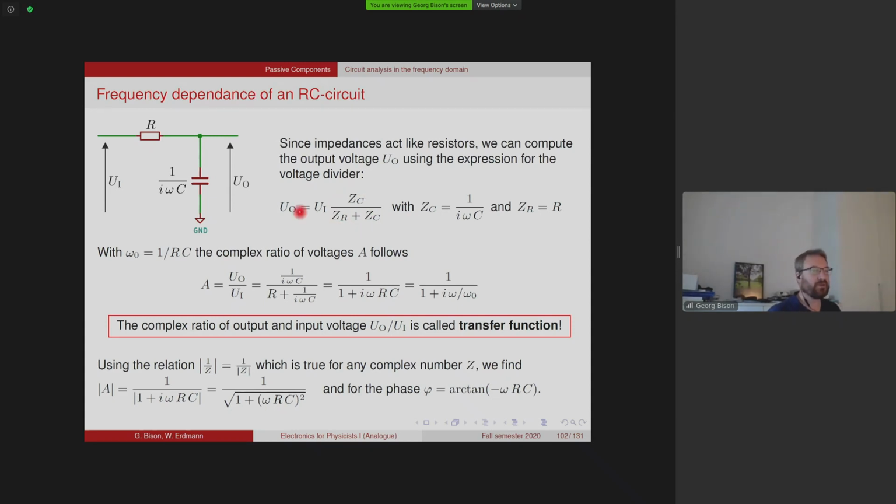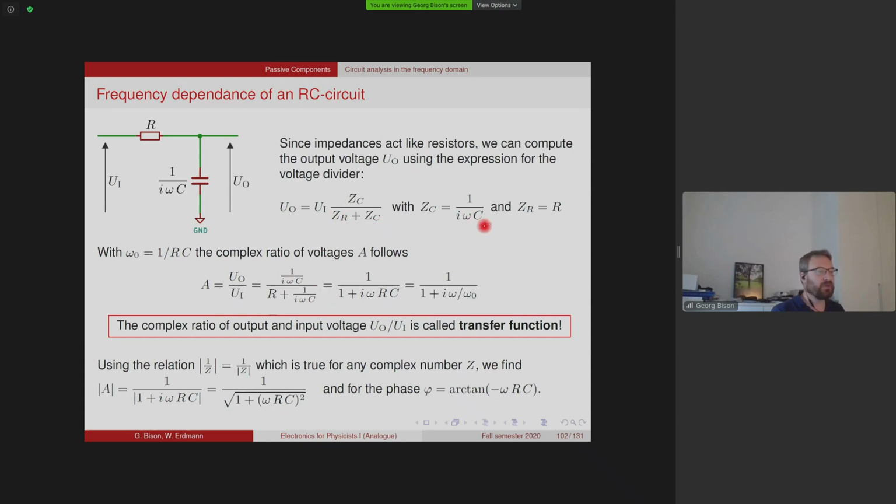Now, of course, let me remind you, the impedance of the capacitor is given by this term. Impedance of the resistor is simply the resistance. Now, what is often important for a system is the transfer function, and the transfer function is the output voltage divided by the input voltage. And so if we take this expression here and we divide the output voltage by the input voltage, what remains is this fraction.